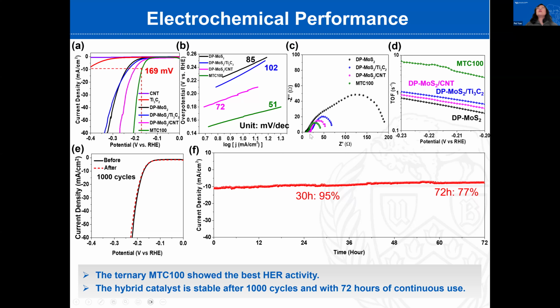Of course, the smaller the better. So overall, the MTC performs the best, okay? Turnover frequency, on the other hand, evaluates the activity per each active site. And apparently MTC also shows one of the best performances compared to the binary or unary composites.